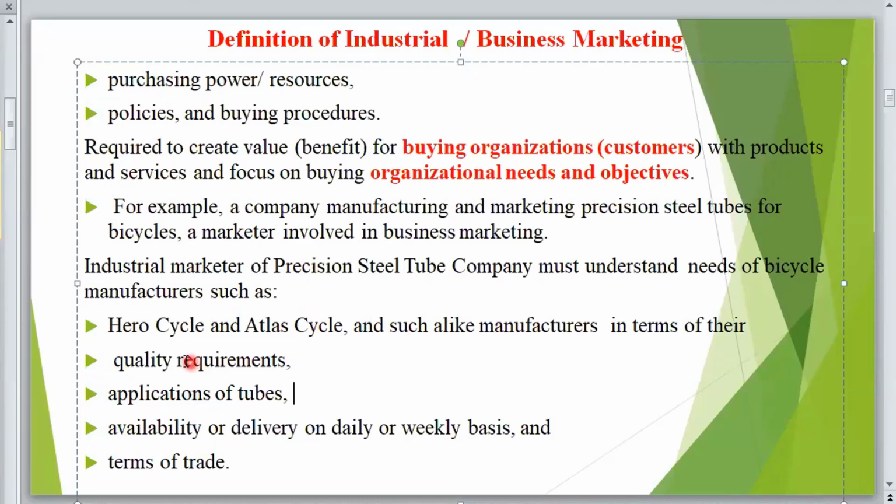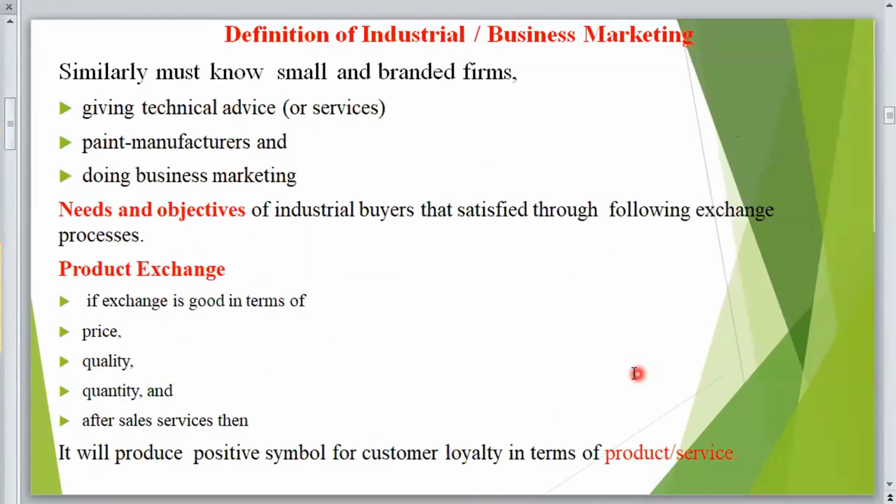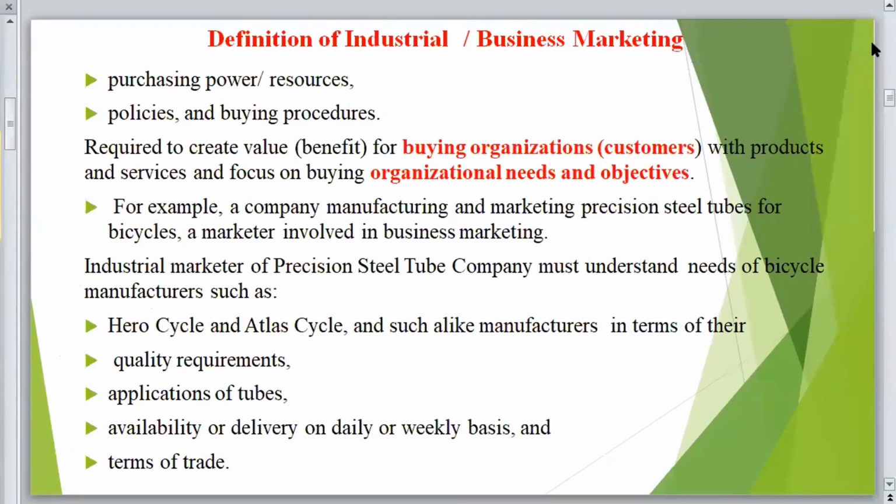You identify the quality requirement, the application of the tube, for what purpose this high quality tube is applicable, and the availability. One of the strategies for competition would be time: delivery on time, either on a weekly basis or a daily basis.